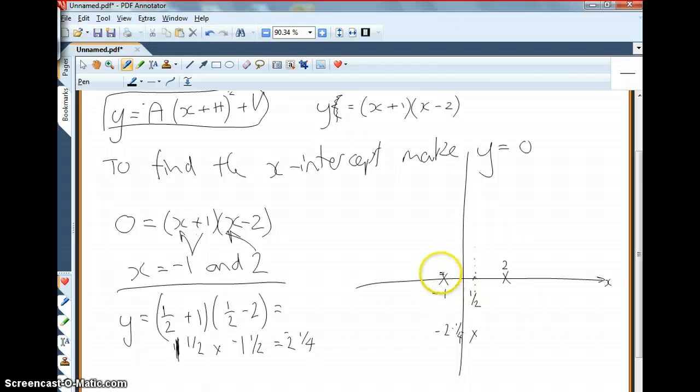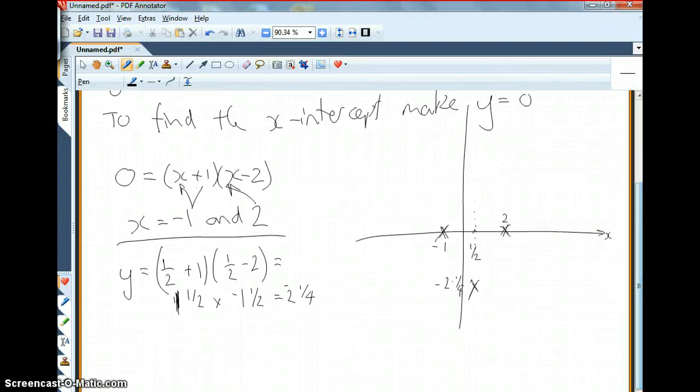So far I've got 3 coordinates, the x-intercepts, the turning point, and I'm going to find one last coordinate to draw my parabola. What do you think my last coordinate's going to be? The y-intercept.